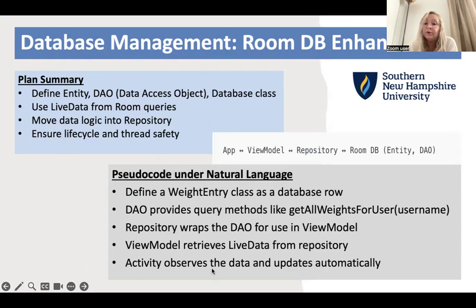The view model retrieves LiveData from the repository, and the activity observes the data and updates automatically. That's the plan, and that's what I intend to do. I will implement a database that was not available prior.